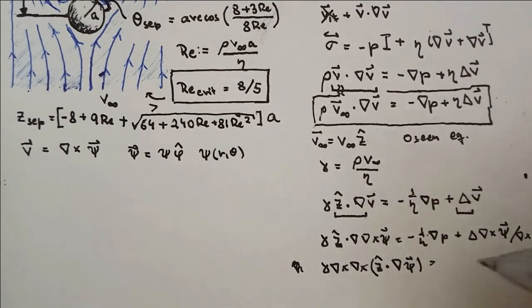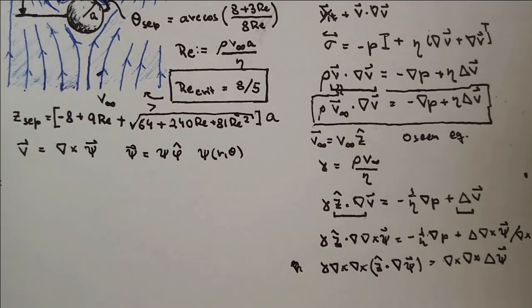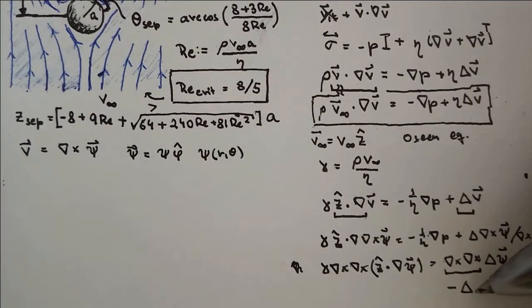So this is going to be the curl of the Laplacian of psi. And again, we know that this operator is minus Laplacian. From our previous episodes, it's basically minus Laplacian plus gradient of divergence, and the divergence of this is 0 because the divergence of psi is 0.